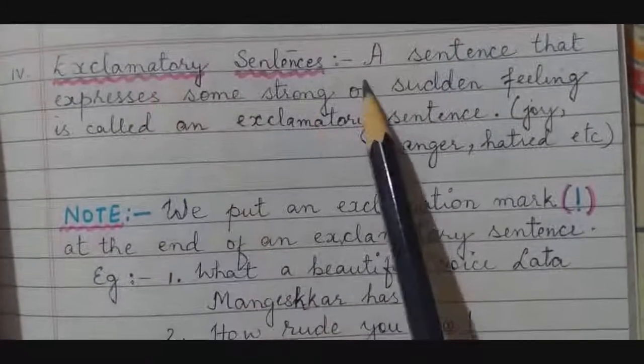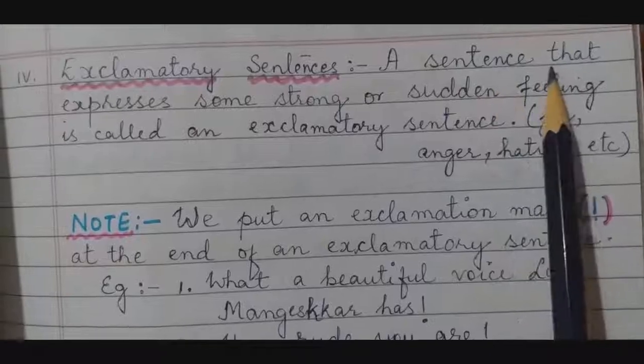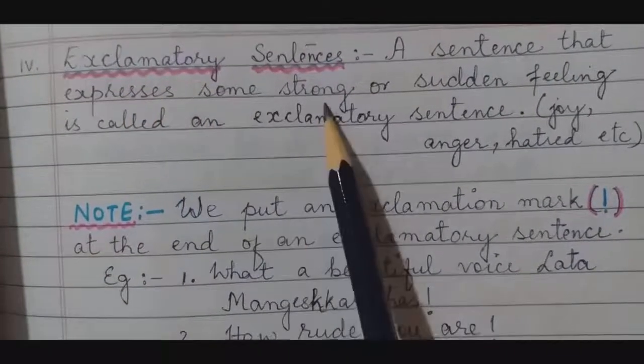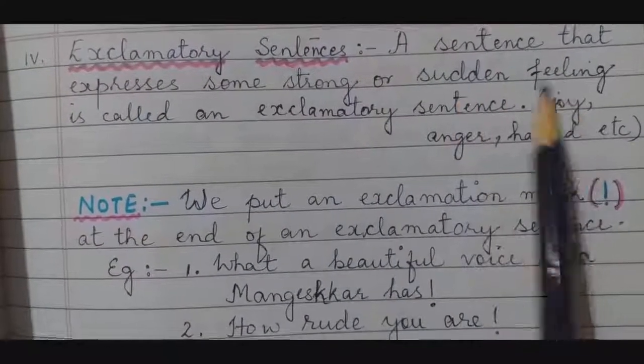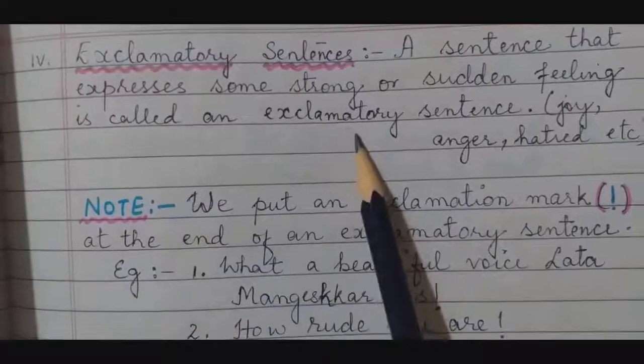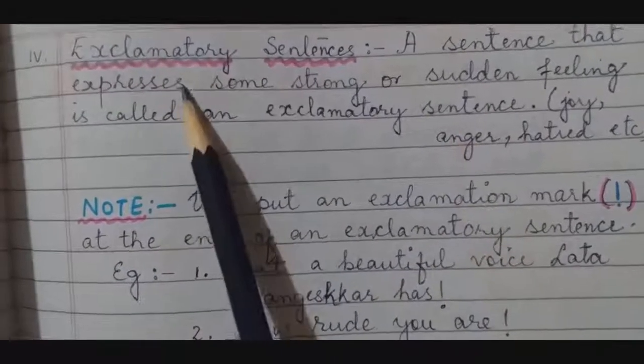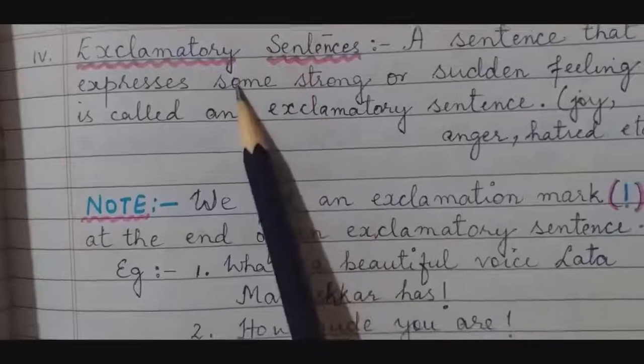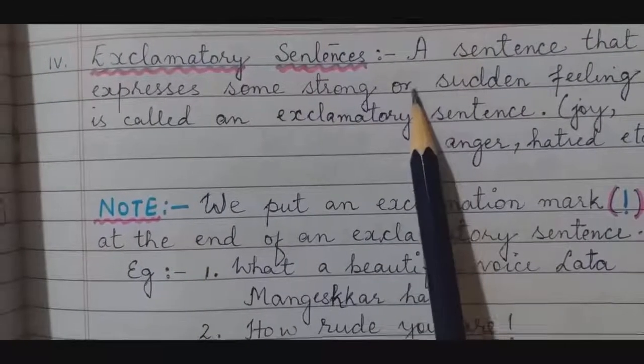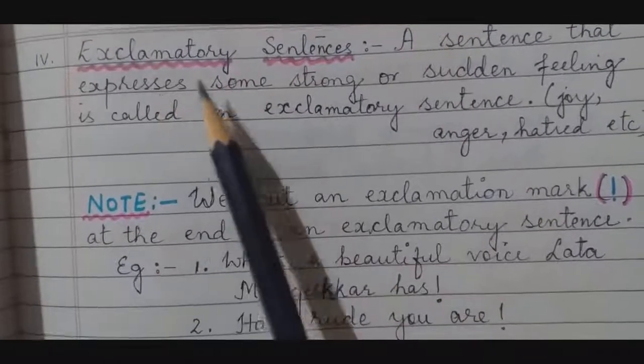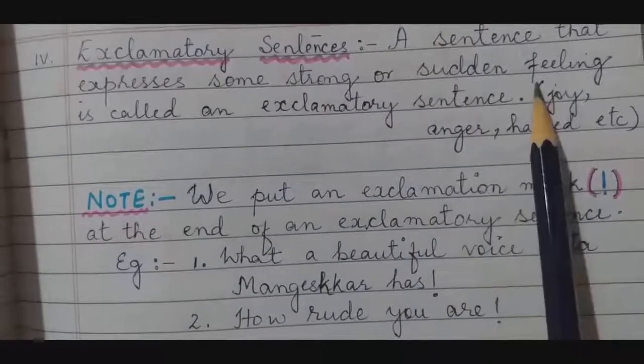A sentence that expresses some strong or sudden feelings is called an exclamatory sentence. Okay, so what is an exclamatory sentence? An exclamatory sentence is a sentence which expresses some strong or sudden feeling.